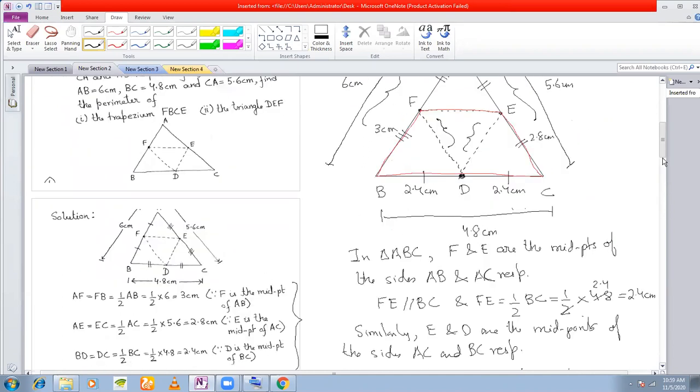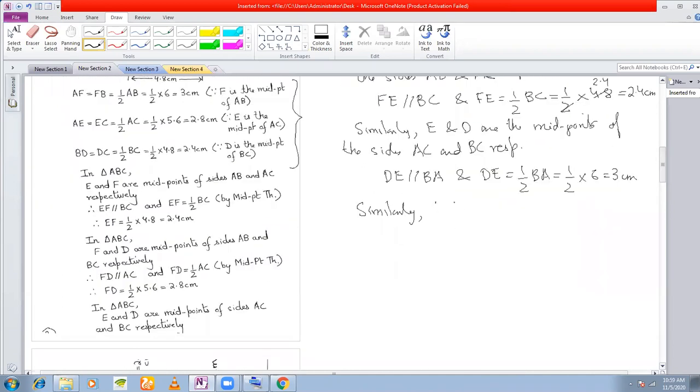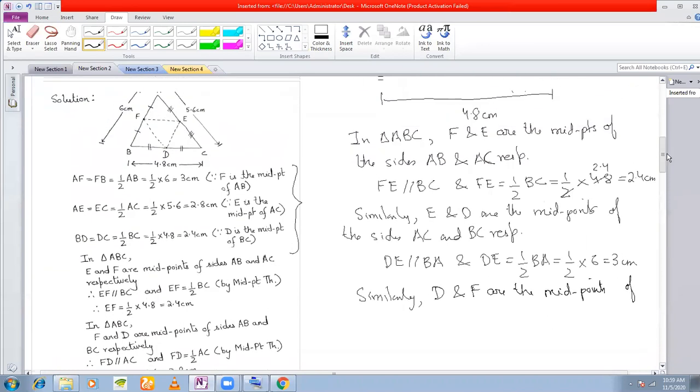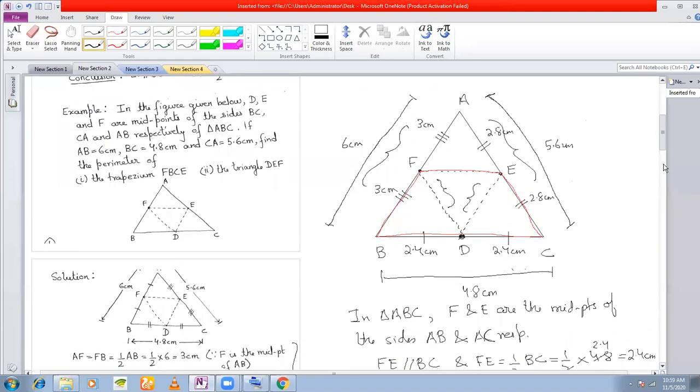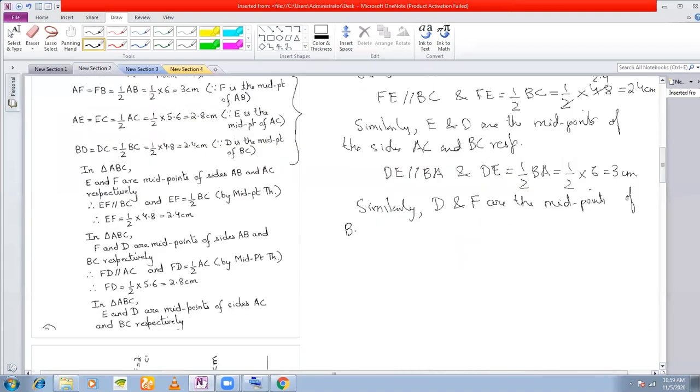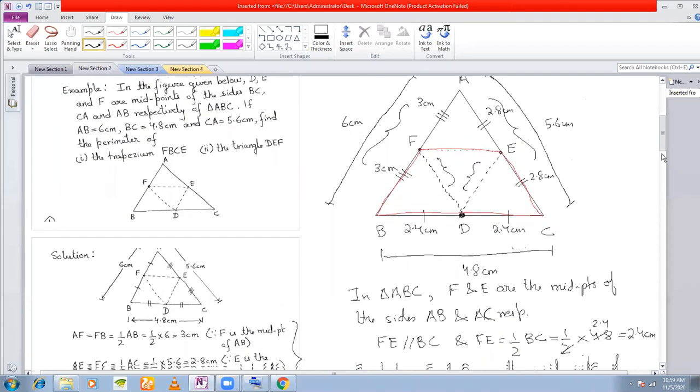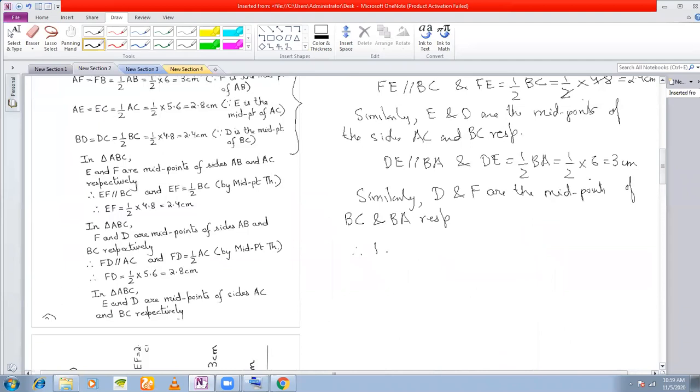Similarly, applying midpoint theorem, D and F are the midpoints of BC and BA respectively. Therefore, you can say that DF is parallel to CA and DF is half of CA.